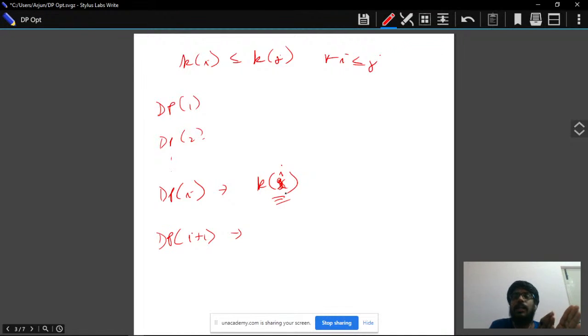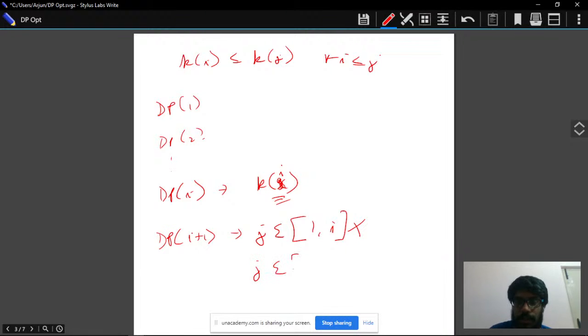So I can start my j loop not from 1 but rather from k of i. The original range was 1 to i, but I don't need this. Instead, j runs from k of i to i. I hope this makes sense to everyone.